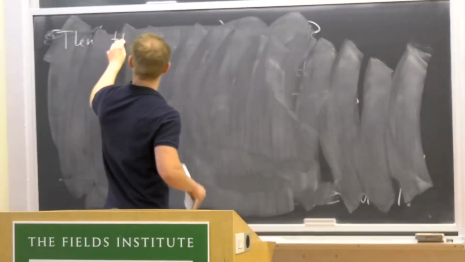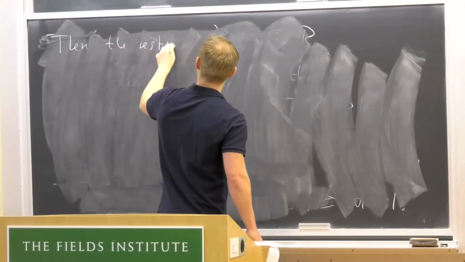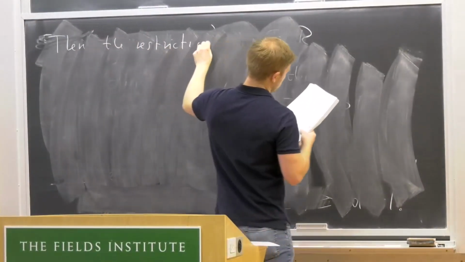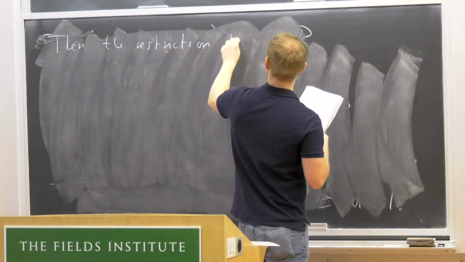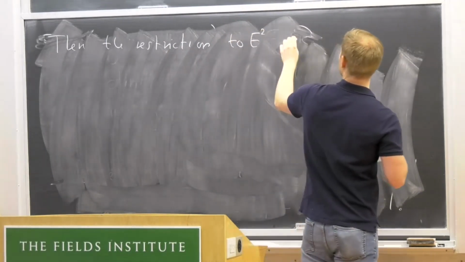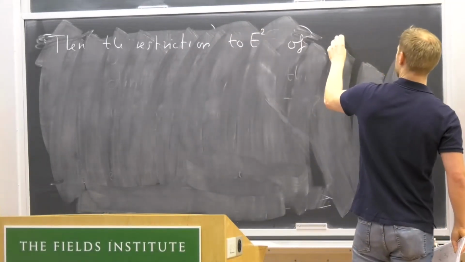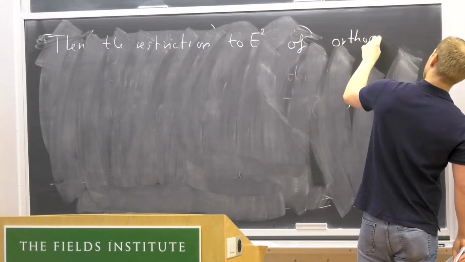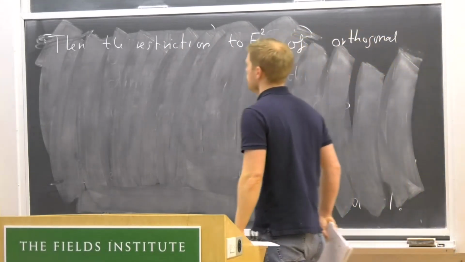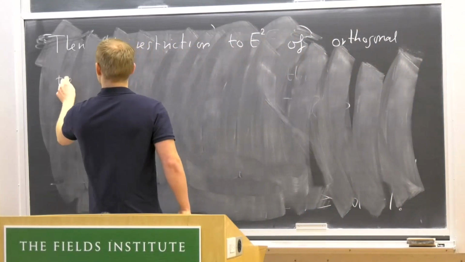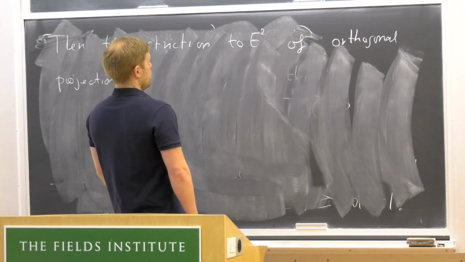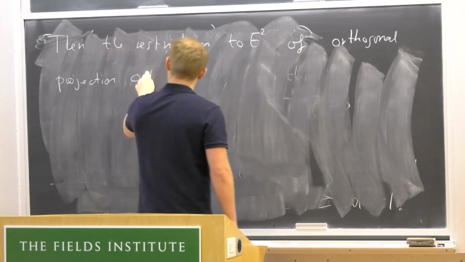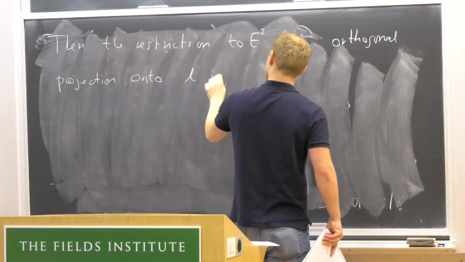Then the restriction to E square of the orthogonal projection onto this line L is injective.